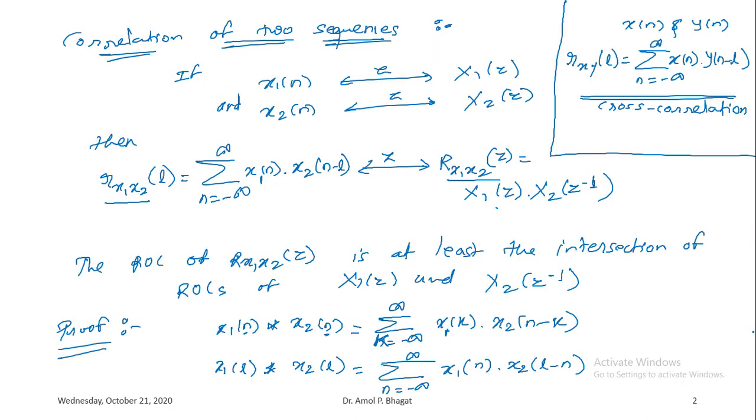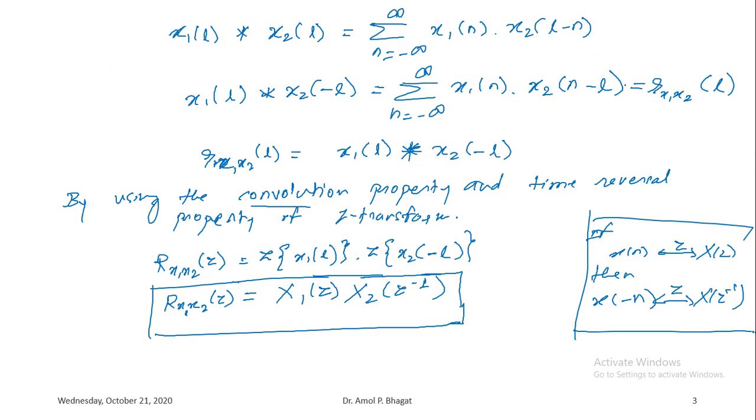So this is the correlation property of Z transform, where we are given two signals x1 of n and x2 of n, with their respective Z transforms X1 of z and X2 of z. The correlation of x1 of n and x2 of n in the Z domain will be the multiplication of X1 of z and X2 of z inverse, right?